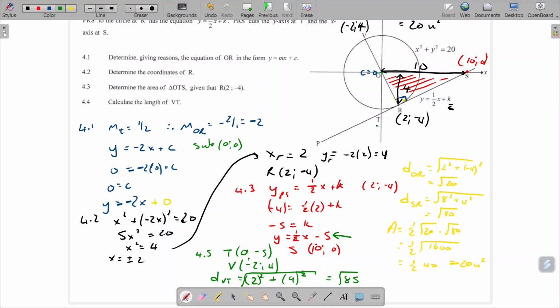They tried to con us by this idea of the radius being perpendicular to the tangent to find R using those two equations as our point of intersection. But please don't forget that there are actually three graphs that intersect at R: the equation of the radius, the equation of the tangent, but also the equation of the circle itself.